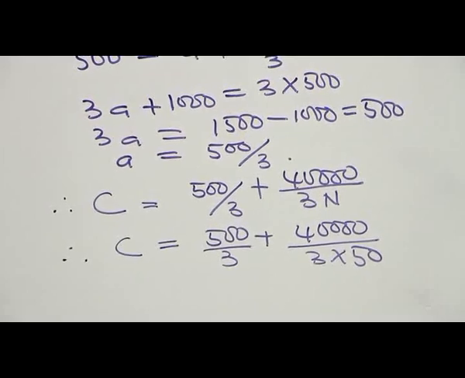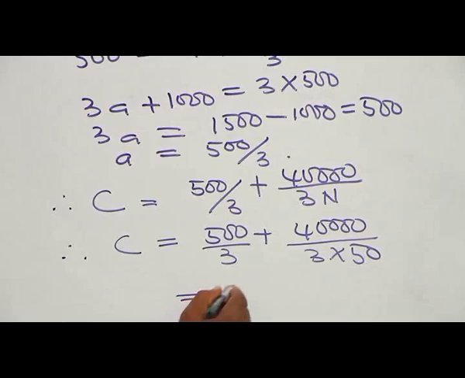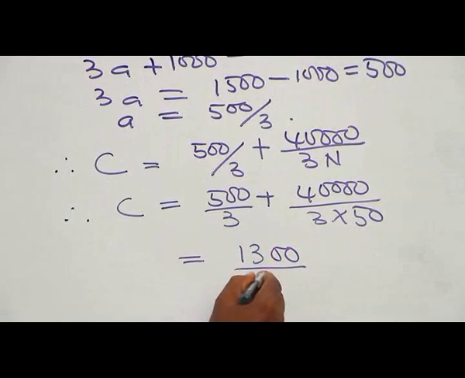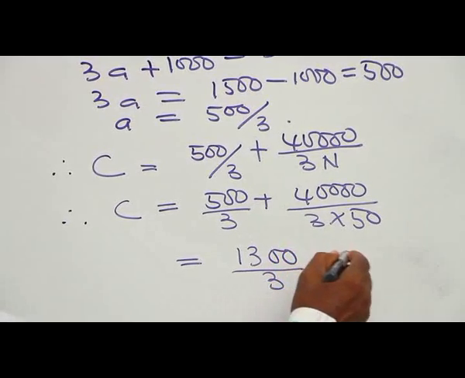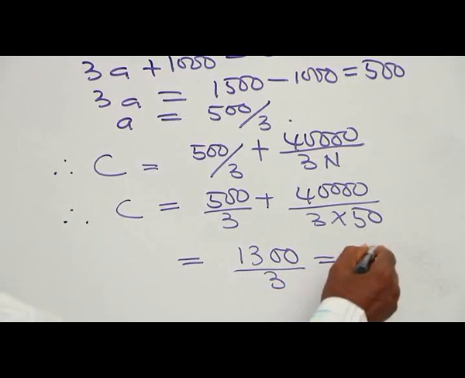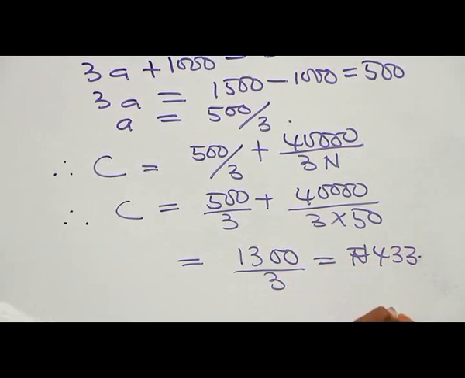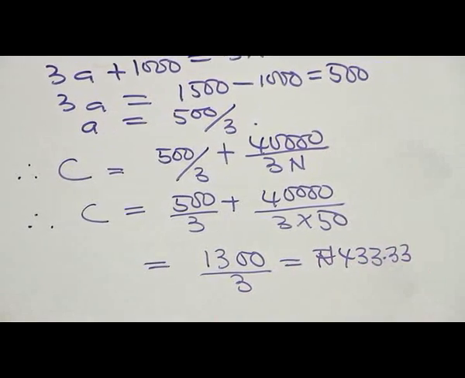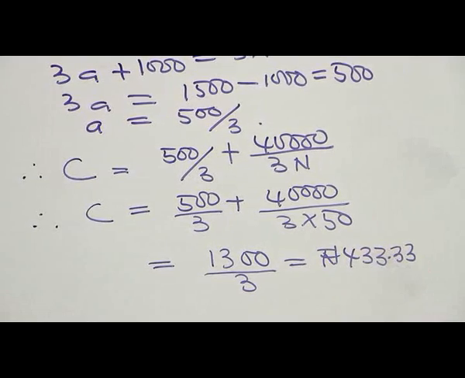You will simplify this as best as you can. You will have 1300 over 3, which will translate to 433 naira and 33 kobo.